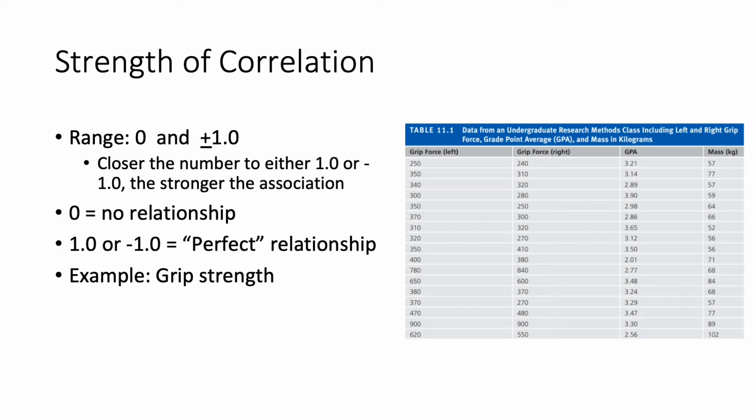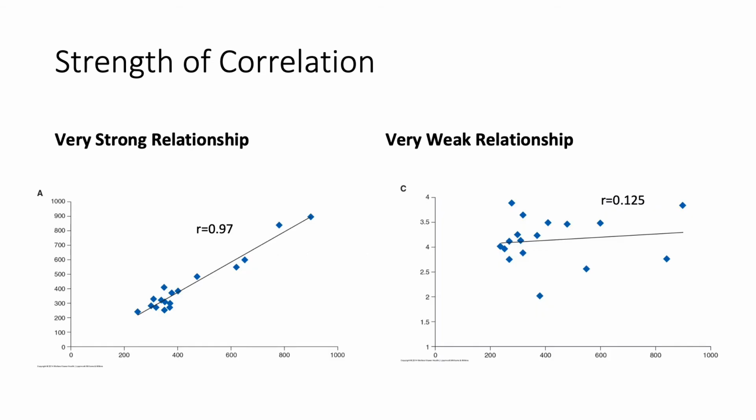So let's take a look at grip strength and the correlation between left and right hand grip strength. You can see in the table the grip force for the left hand and the right hand, as well as GPA and body mass. Now that we have the data, we can then calculate the correlation coefficient. Here to the left, we can see there is a positive relationship between left and right grip strength of R equals 0.97.